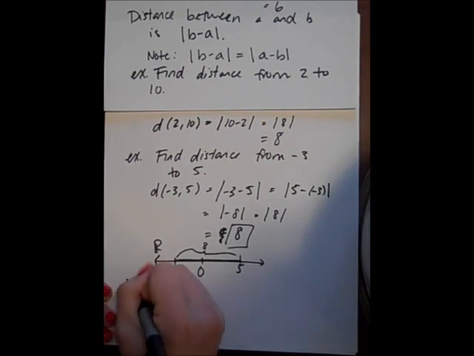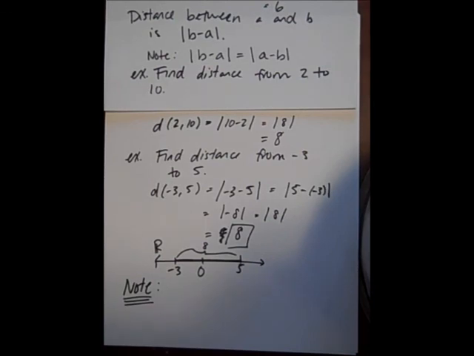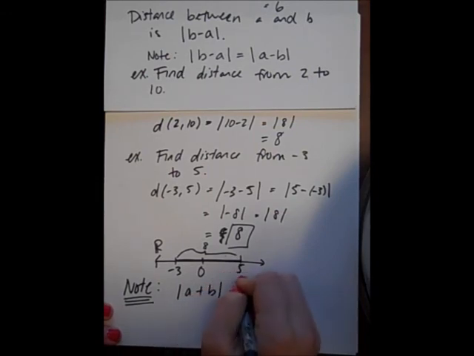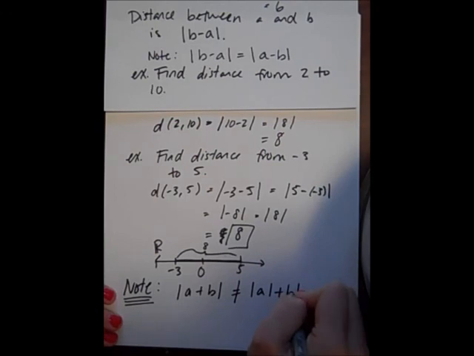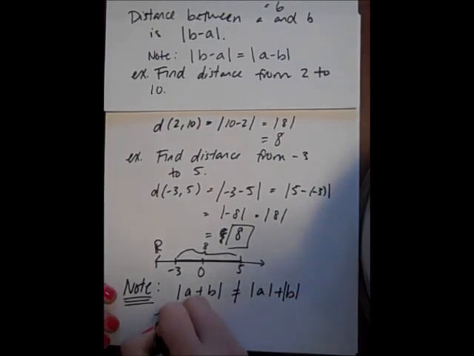One thing I do want to note, an important note here: just because the absolute value of a product is the product of the absolute values, which was number 3 on our facts, this is not true for sums. The absolute value of A plus B is not necessarily equal to the absolute value of A plus the absolute value of B. Why is that not true? Let's take, for example, the absolute value of negative 1 plus 5.